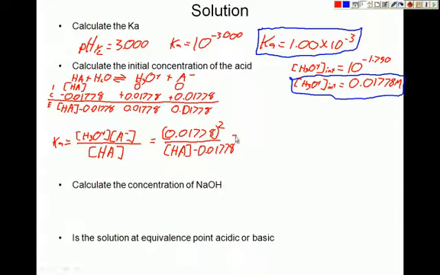Remember this is equal to our Ka, which we calculated earlier, 1.00 times 10 to the minus 3.